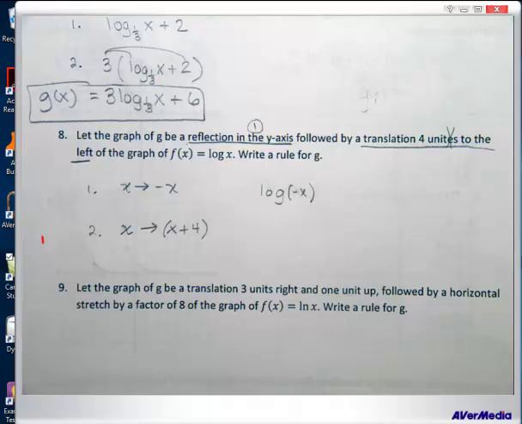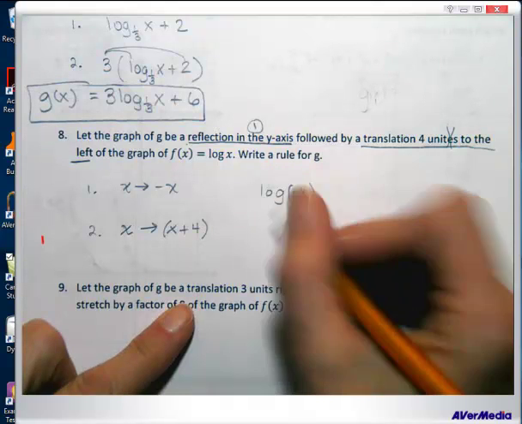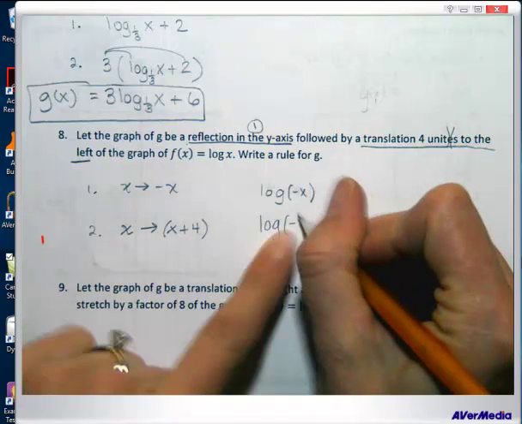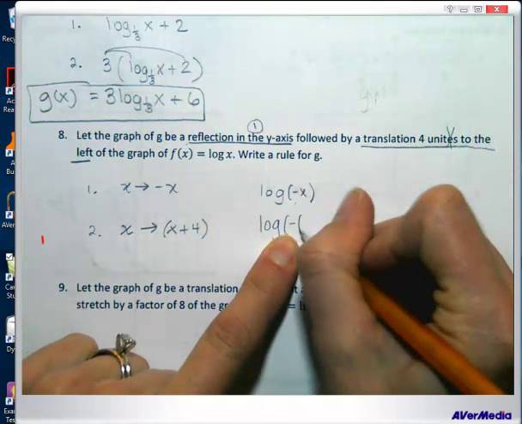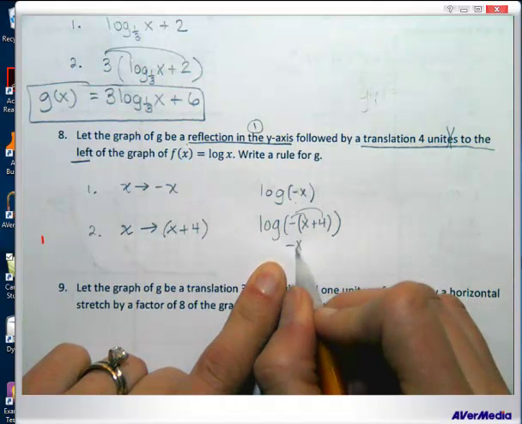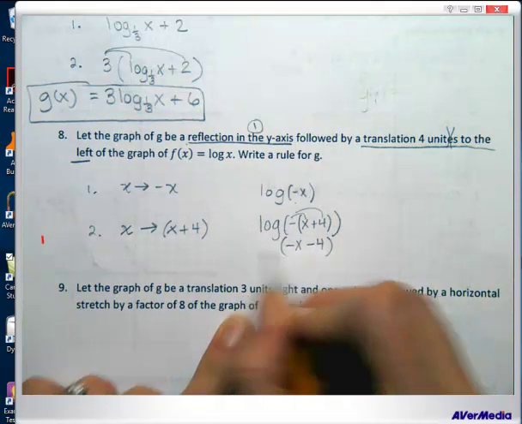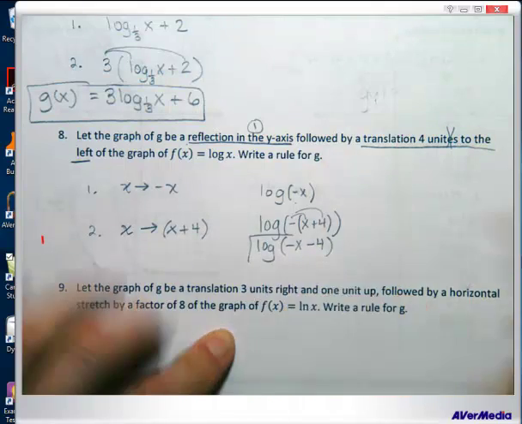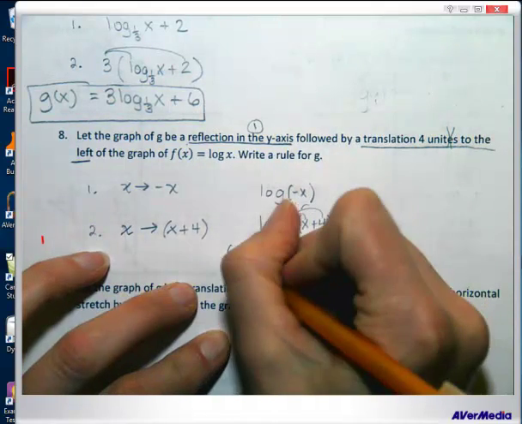Well, if you said just add 4 on the inside, it would just be negative x plus 4, right? But this is actually, I'm replacing the x with x plus 4, which looks like this. The negative is still there, but the x gets replaced with x plus 4, which means really I have a negative x and a minus 4 in my log. Oops, and I should put g of x equals.